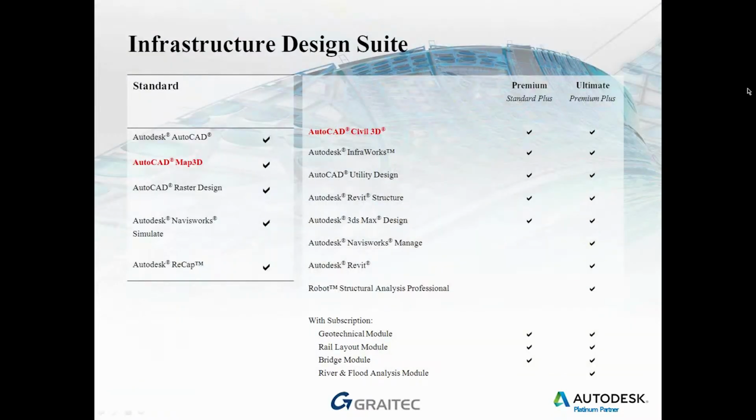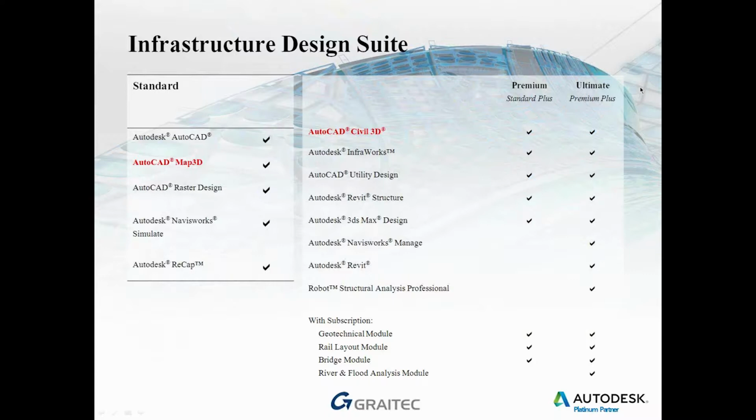The Infrastructure Design Suite comes in 3 flavours. So there is a standard, a premium and an ultimate. The standard one is basically AutoCAD and AutoCAD Map, and it comes with Navisworks Simulator and Raster Design. So basically, if you need to do any kind of mappy stuff or raster stuff, then the standard one's pretty much okay for you.